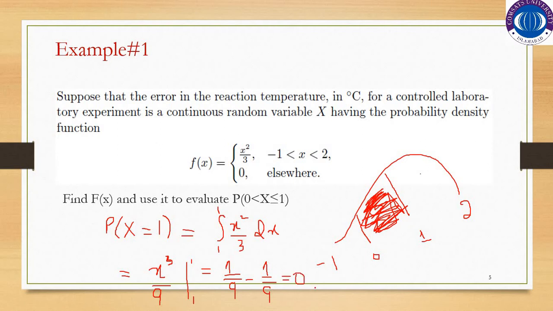And it is obvious that the area should be between 2 points. We can't find the area at 1 point. There should be no area. It should be 0. So in the case of a continuous probability distribution or probability density function, you have to find the area between 2 points.